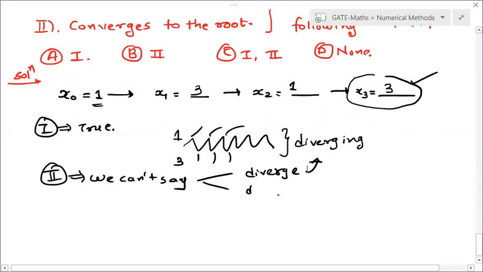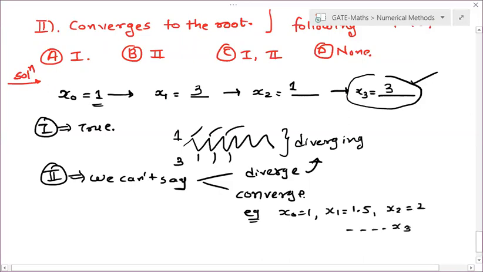Because for converge, we can take the example x0 equal to 1, x1 equal to 1.5, x2 equal to 2, like that, and we will get x3 equal to 3. So it can converge or diverge, it can be anything.